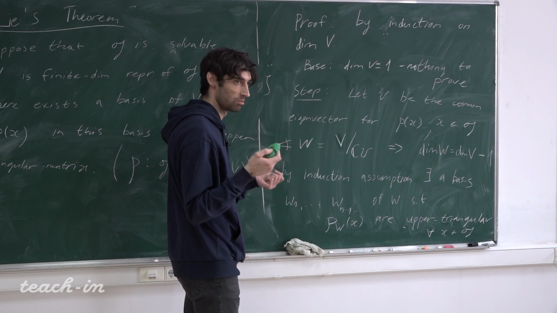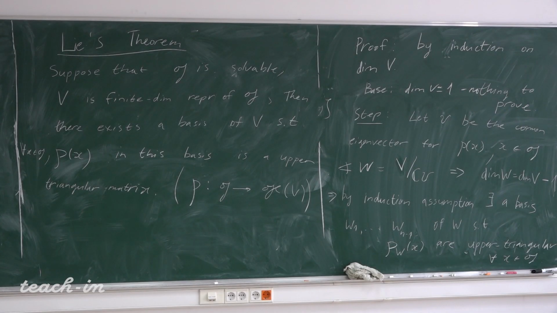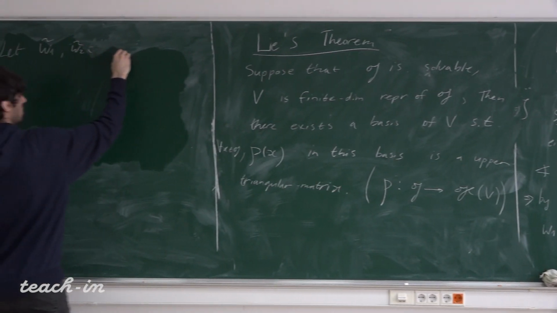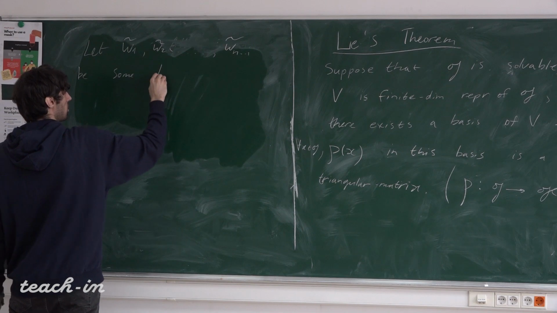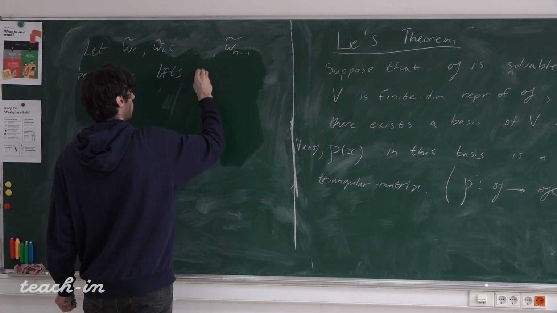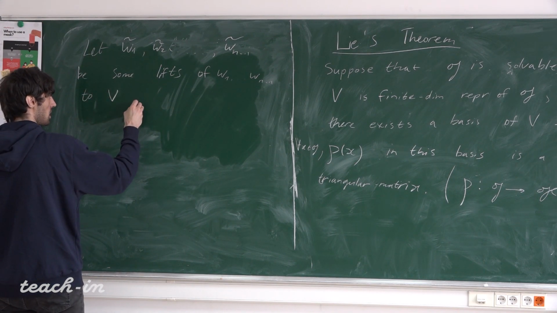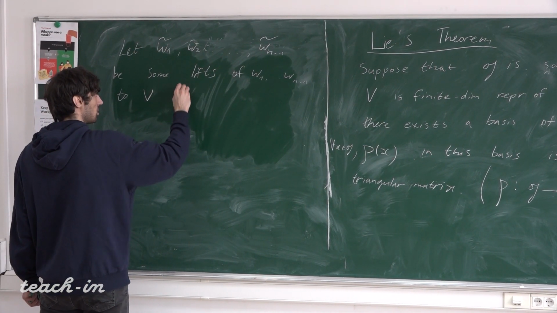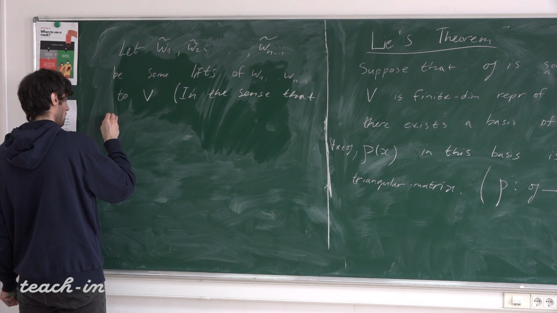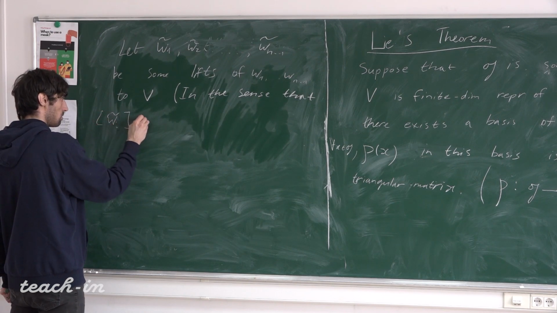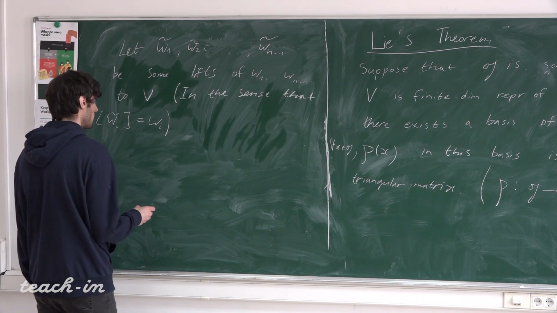Take some representative for this class, and each representative is in V. So let W1 tilde, W2 tilde, ..., Wn minus 1 tilde be some lifts of W1, ..., Wn minus 1 to V, in the sense that the class of Wi tilde is Wi.